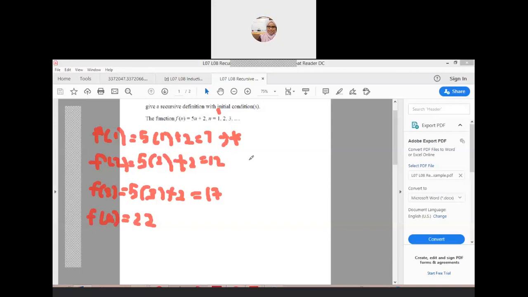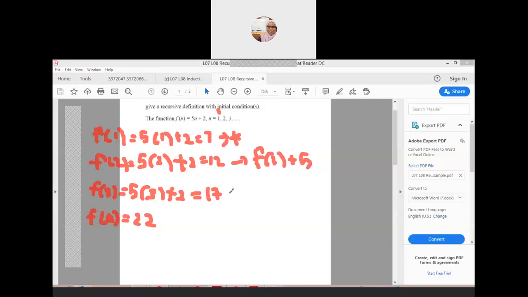Okay, how to find the recursive step? This will become F1. F1 is 7. 7 minus 12, minus 7 is 5.